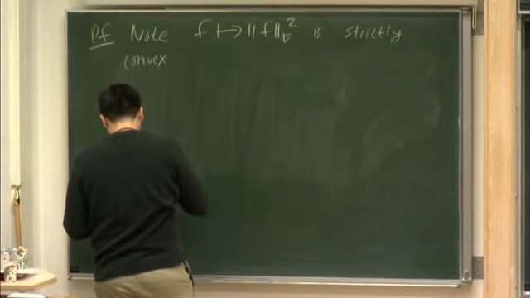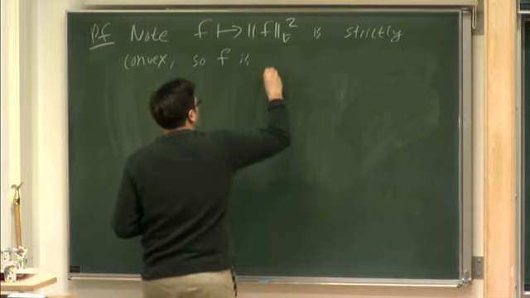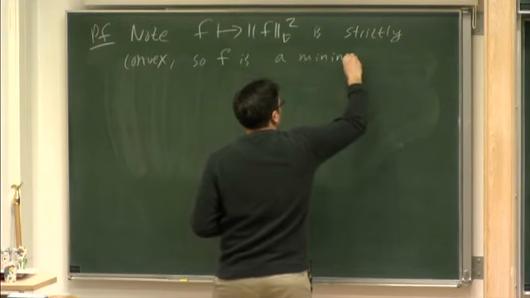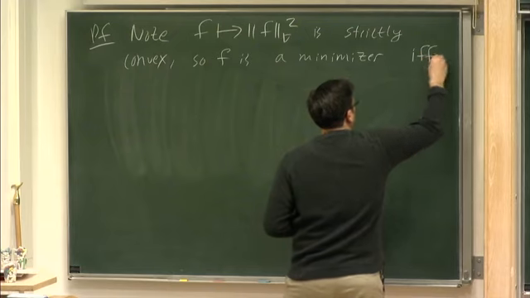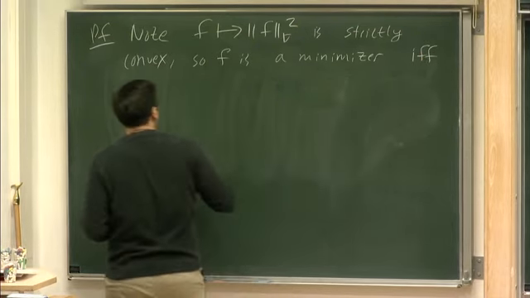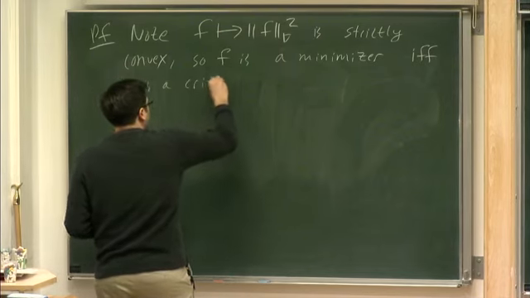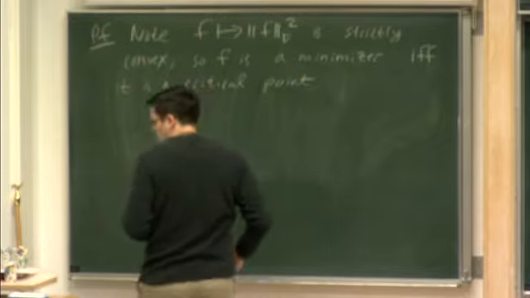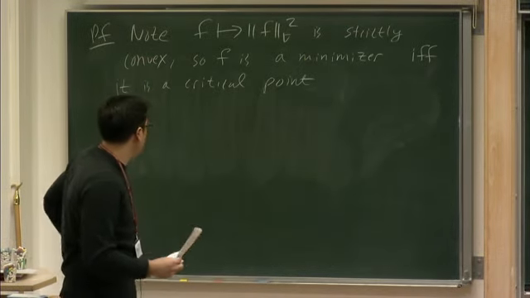And because of this, a function is going to be a minimizer if and only if it's a critical point. And what does it mean for a function to be a critical point?